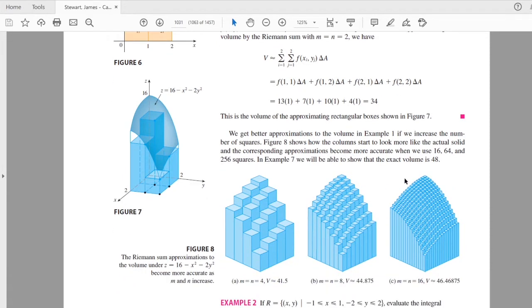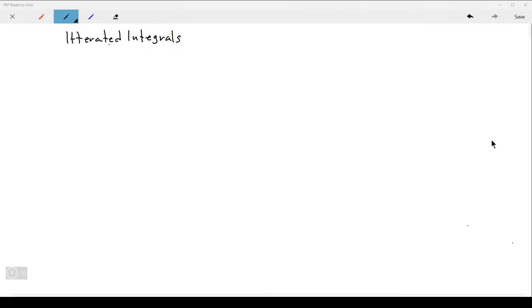As a practical matter, when we do a double integral, what we need to do is take a look at what it means to do an iterated integral. Actually, I think this might be better with the book.